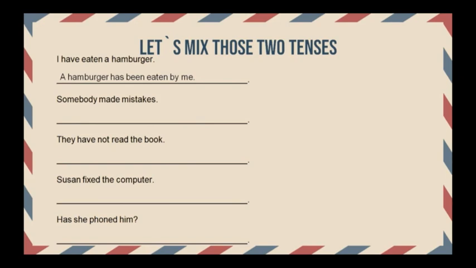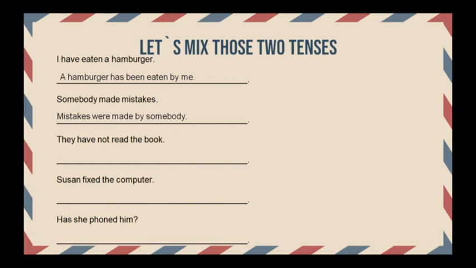Great. Let's move on. Somebody made mistakes. So somebody is a subject, made is a verb in past simple, and mistakes are an object. So mistakes were made by somebody.